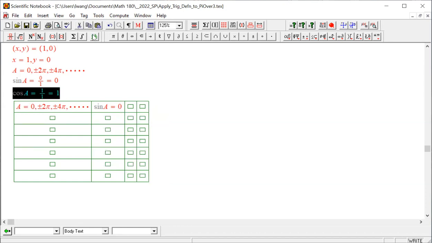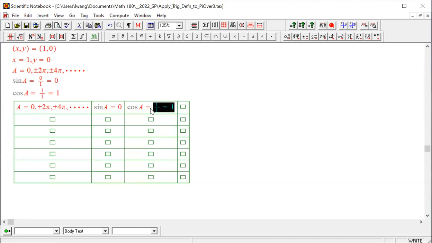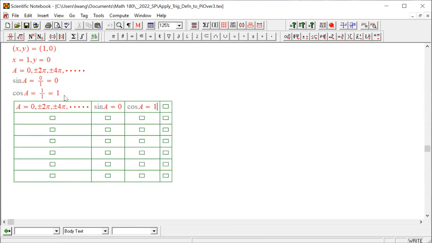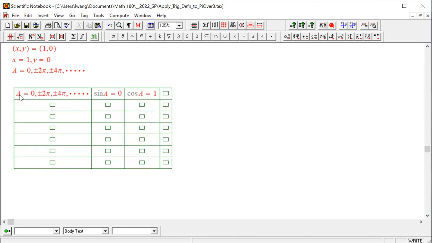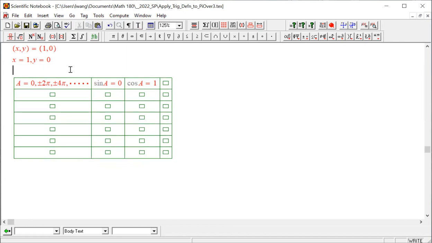Cosine is going to be 1. So that's the case when the terminal overlaps with the standard position.